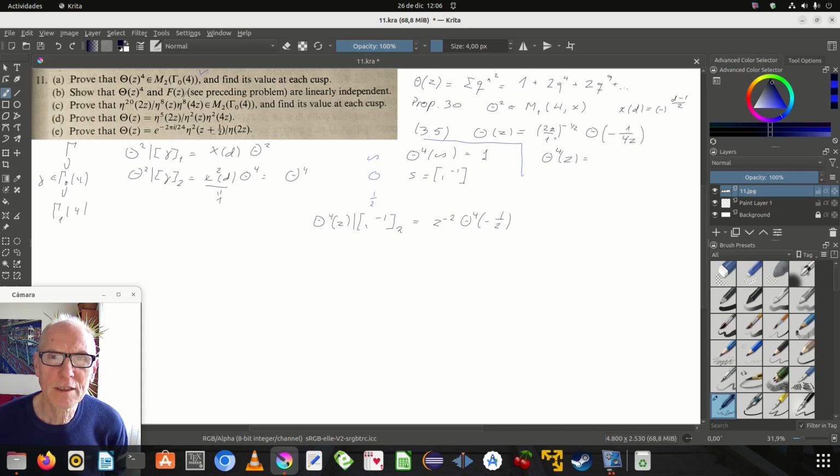And that means this squared, and minus squared is minus 1. So it's minus 1 divided by 4z.